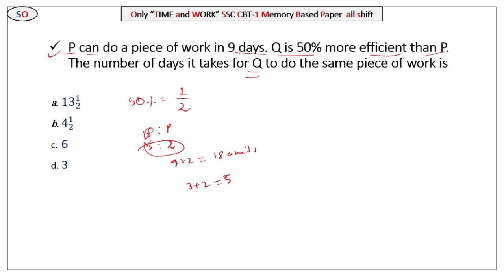We are required to find only the value of Q. So this 18 is the total units of work. Now we have to find in how many days Q can do the work. So 18 by 3 equals 6 days. So the answer is C. Next question.